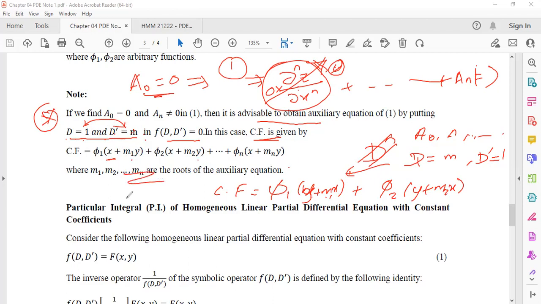That's a small thing. Here m1, m2, up to mn are roots of the auxiliary equation. So if it comes in any examples, you use this procedure. Not a common one, but if it comes, the only thing to keep in mind is that wherever a naught is equal to 0, you can use this part. That is one of the notes.